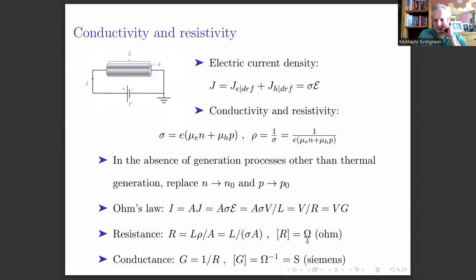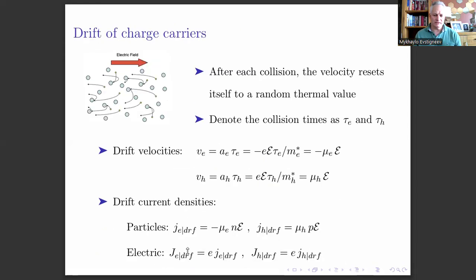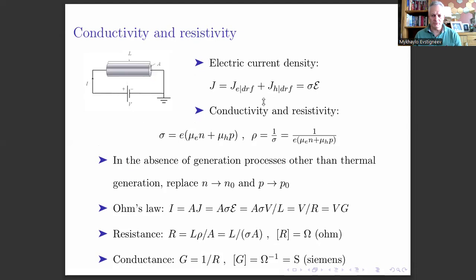So, all right. Now, conductivity and resistivity. We add up the electric current densities due to electrons and due to holes. We will get the total current density due to both charge carriers. It is proportional to the electric field. The proportionality constant, sigma, is called the conductivity of the material, and it is given by this expression: elementary charge times the sum of electron mobility times electron concentration plus hole mobility times hole concentration.